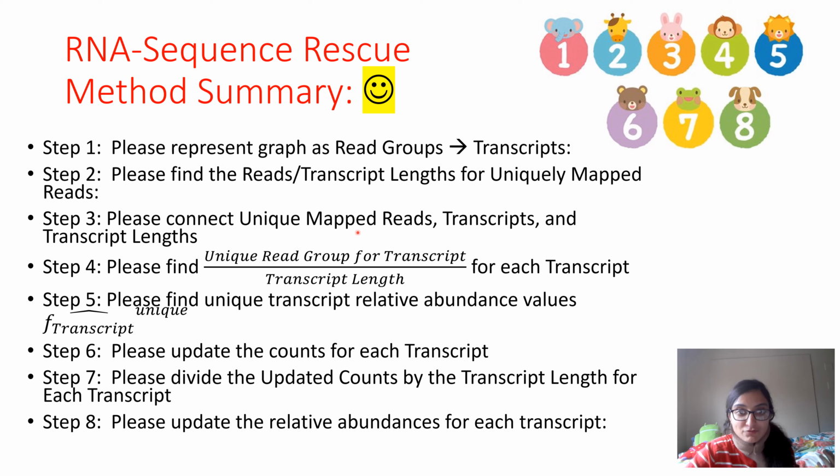Then find the unique read group for a transcript divided by the transcript length for each transcript. Then find the unique transcript relative abundance values. Then update the counts for each transcript. Then divide the updated counts by the transcript length for each transcript, and then update the relative abundances for each transcript. So it's a very iterative process that's known as expectation maximization.